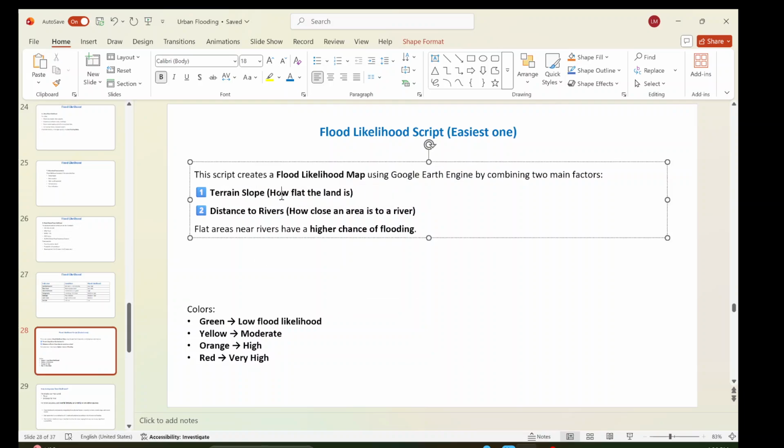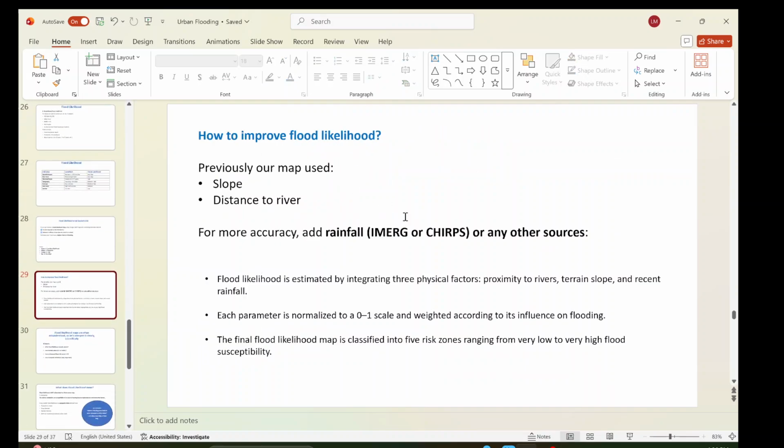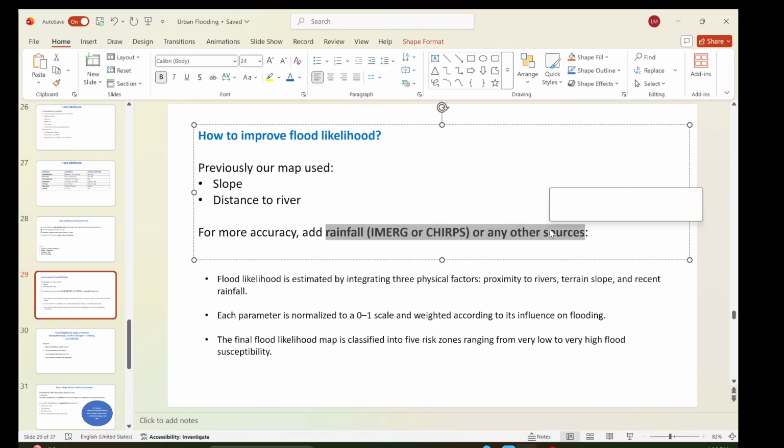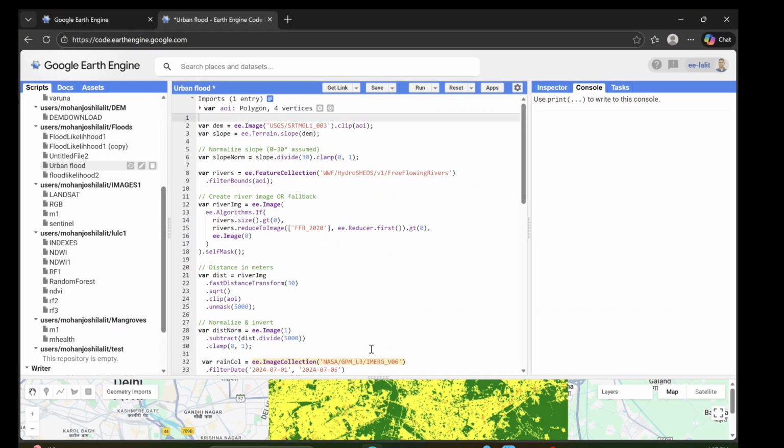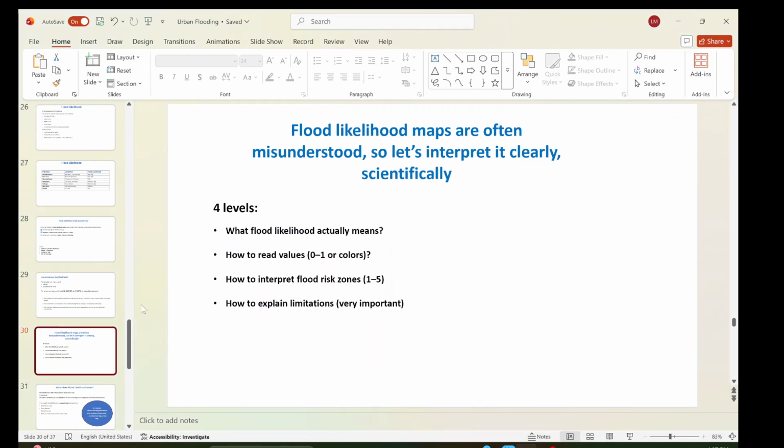In my second video we included rainfall data to improve the flood likelihood. I will share the description of those videos so you can have a look.